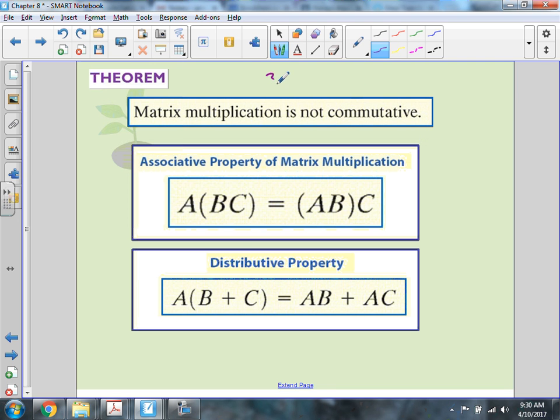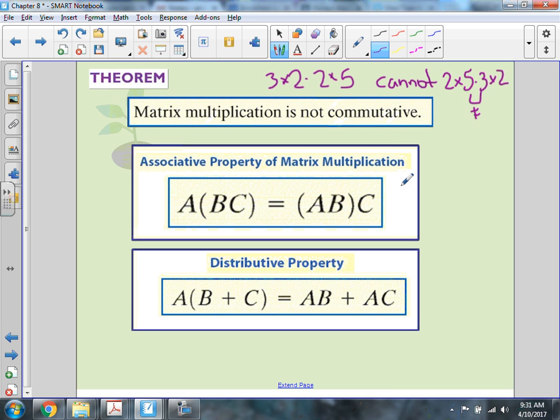For example, a 3 by 2 matrix, if you multiply it by a 2 by 5 matrix, you can do that. You'd get a 3 by 5 matrix, but you cannot multiply it in the other order. You cannot multiply a 2 by 5 matrix by a 3 by 2 matrix. That does not work because these are not equal. So matrix multiplication is not commutative in general.